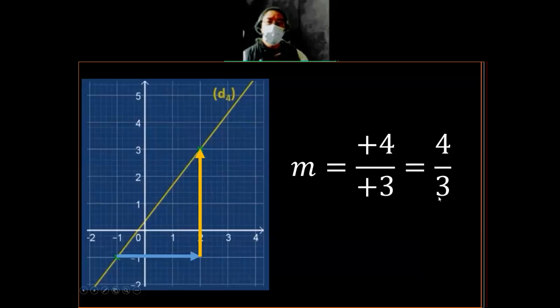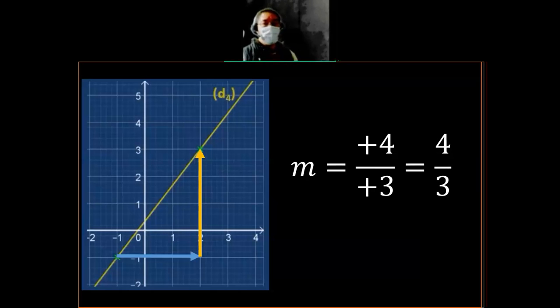You could always also do that as a decimal. So if you do that on your calculator, you do 4 divided by 3. That will give you an approximation of 1.33, which continues. It's also equivalent. Okay, in general, try to write your gradient in fractional form, but sometimes the decimal form could be a nice, definite value.